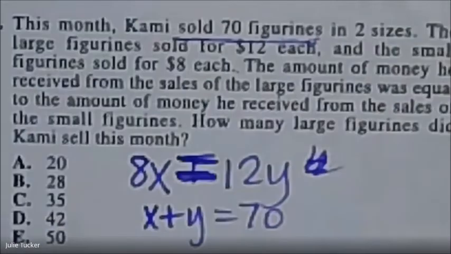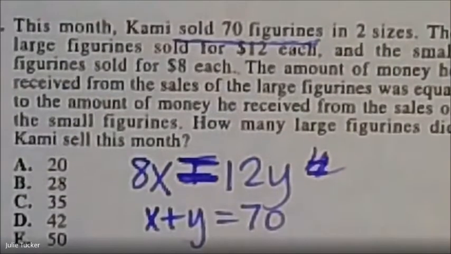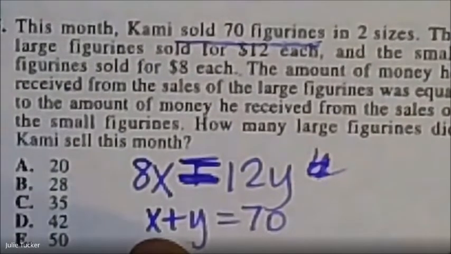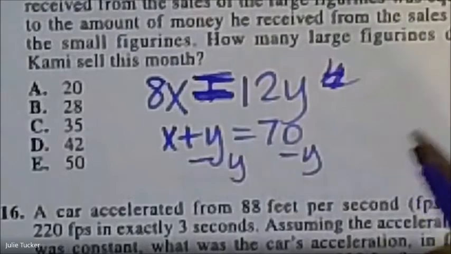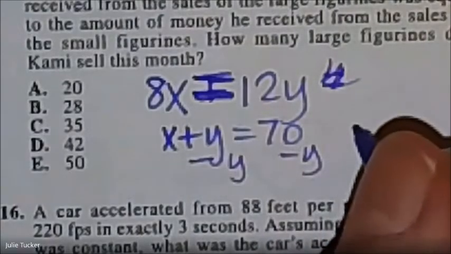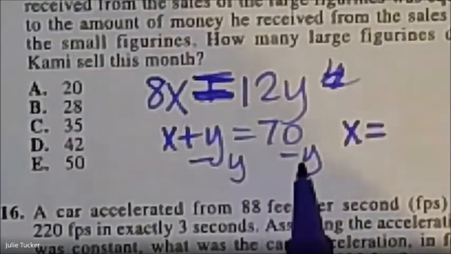All right, so we're going to have to, but we don't have a variable isolated. So do you want me to isolate this x maybe? Okay, so we'll have to go minus y minus y. Then we have x equals 70 minus y.